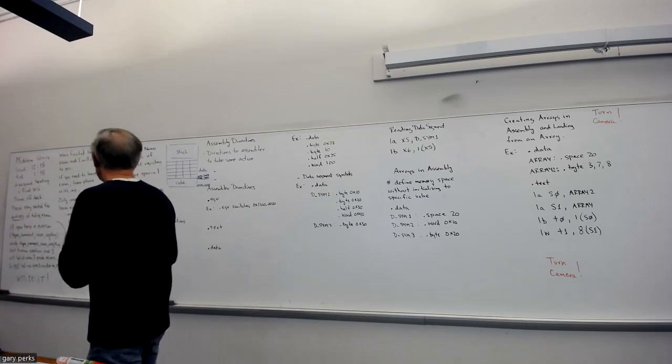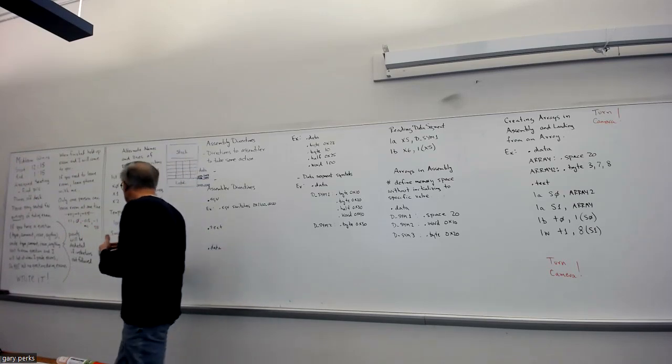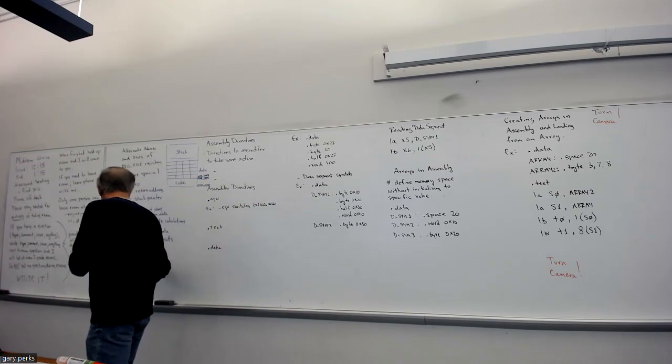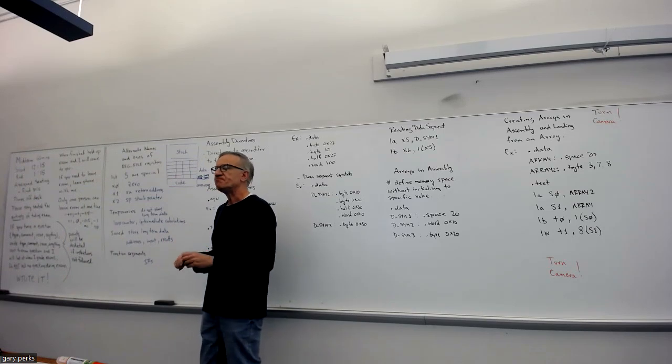Now, for function arguments, there are registers labeled A that are used for these arguments. That comes up when we get to subroutines. So I'll just mention it now, but we'll come back to this when we get to subroutines.